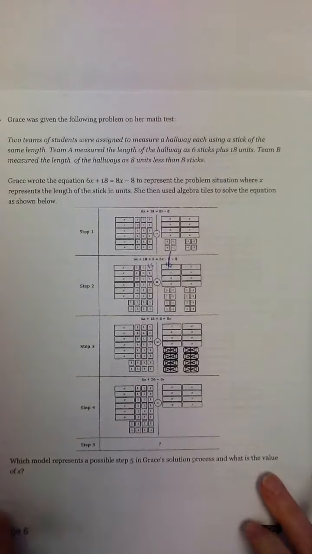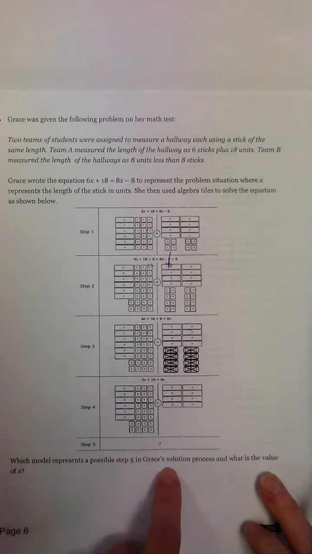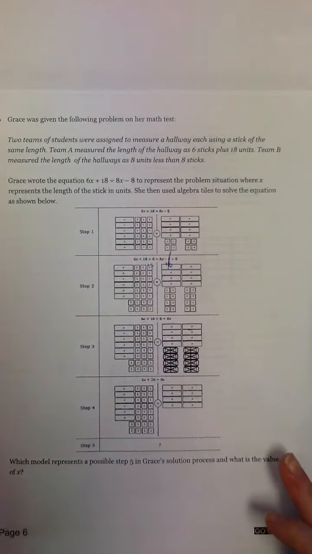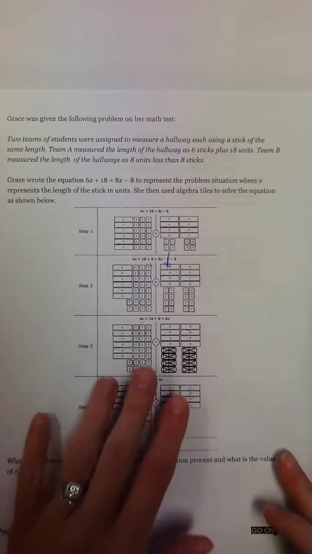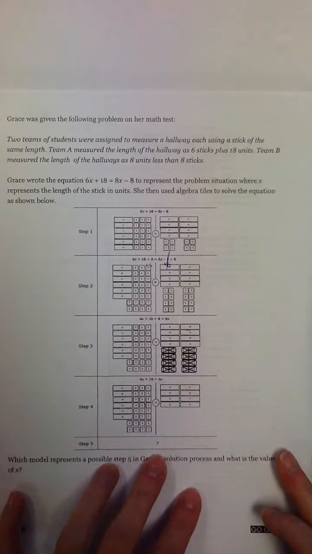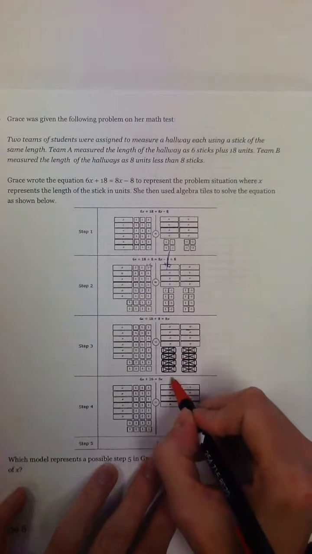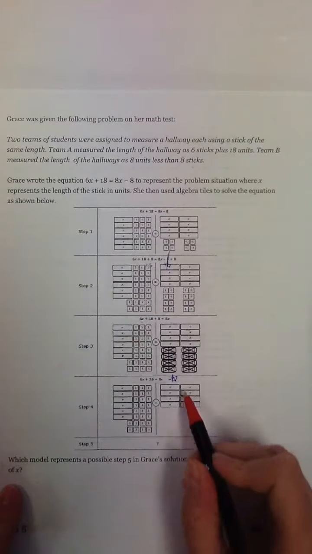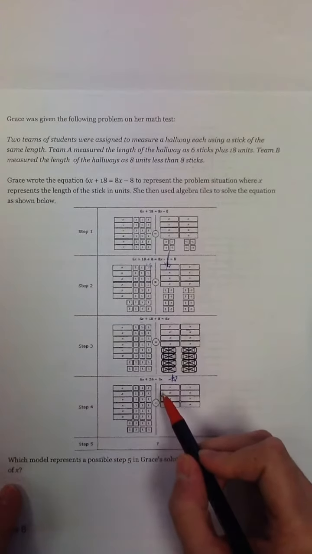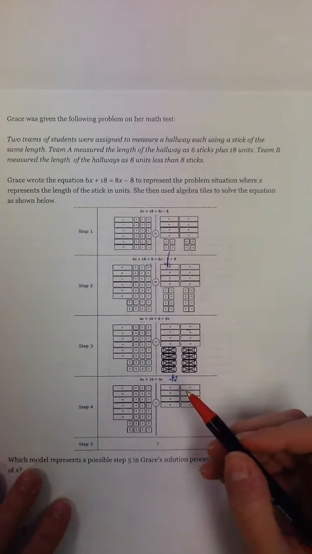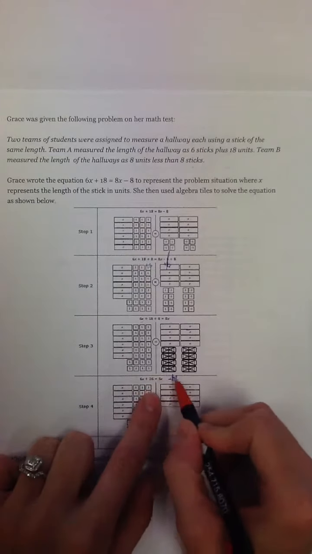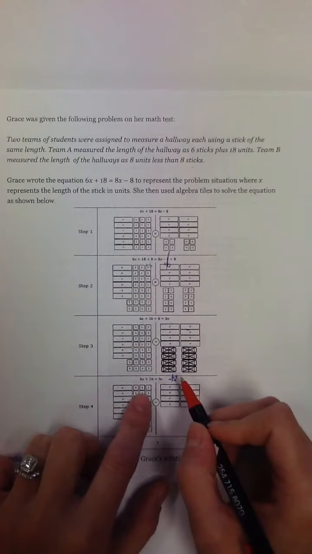The question is, which model represents a possible step 5 in Grace's solution process, and what is the value of x? So before you turn the page and look at all of those answer choices, look at this step 4. We're looking for the next step in this solution process. So what should it be? We can't move 8x, because if we move this, then there's nothing else over there and we've just ruined our whole problem.